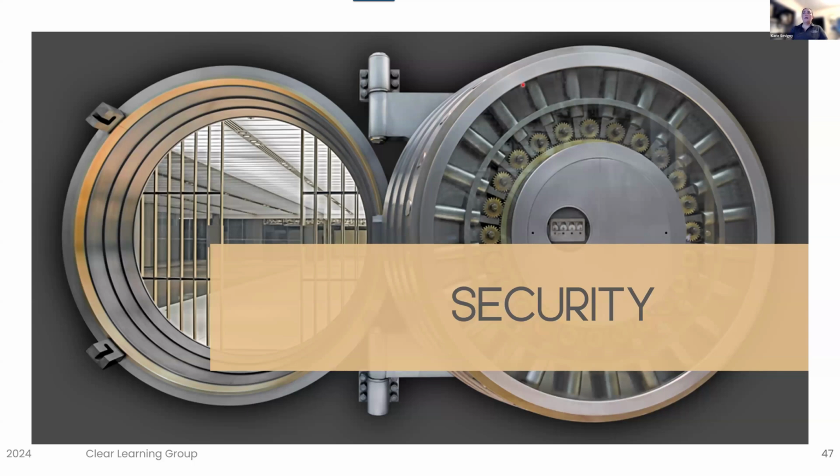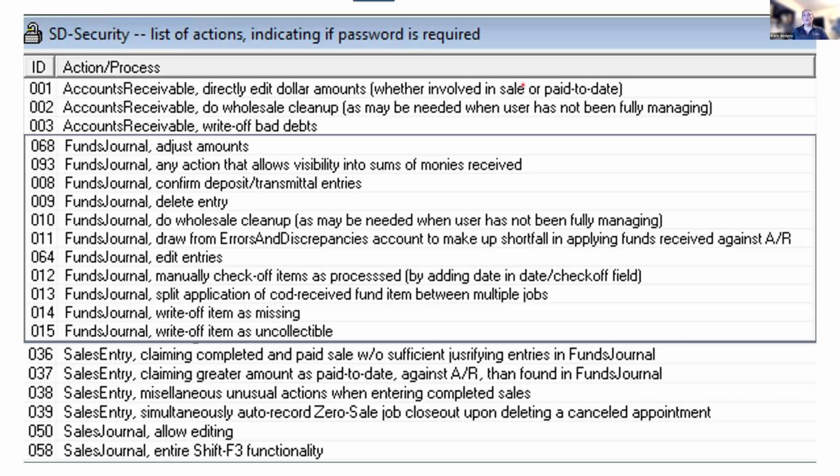So the last thing we're going to talk about here before we get to questions is security. Since we've shown you all these different places where you can manage funds, I'm sure that you can see and think about all the different places where people could go in and make edits and change things and really throw your money and your financials off. And so when you go into ServiceDesk into your security form, that's going to be your Shift F11.